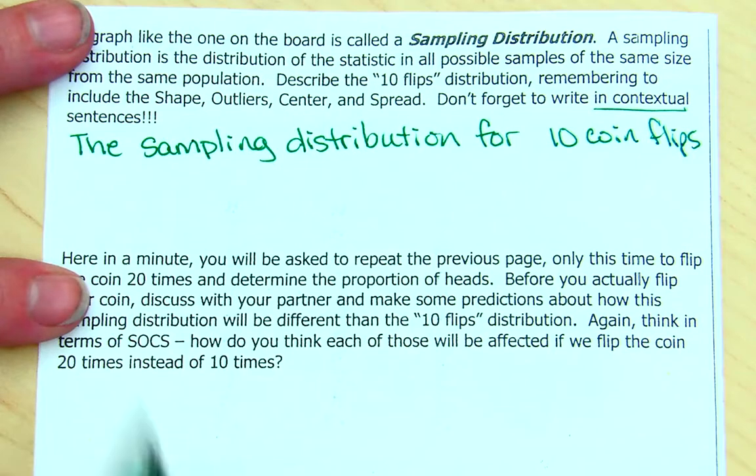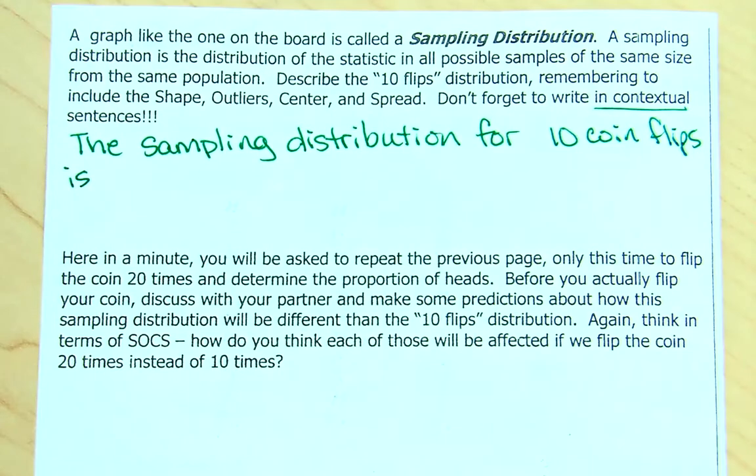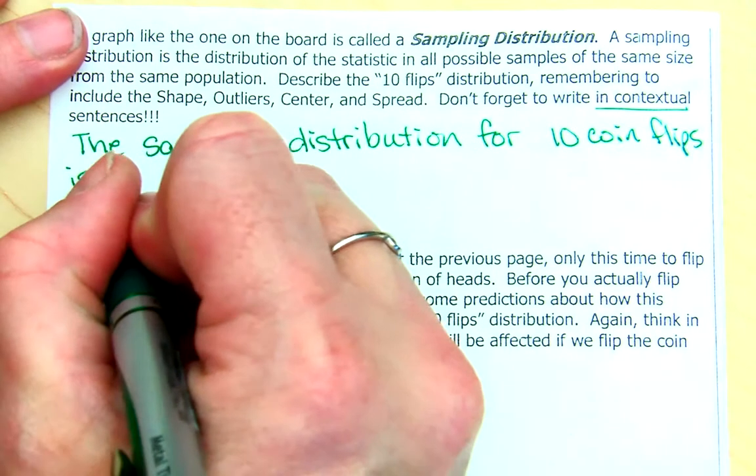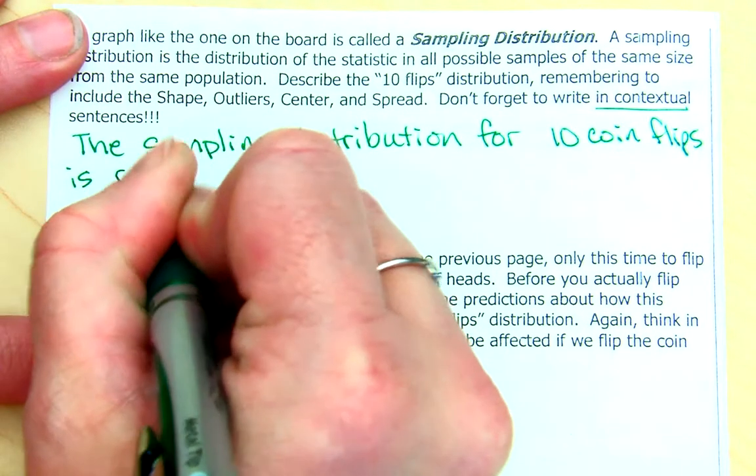There's our context. So we want to talk about shape, center, spread. And if there are any outliers, we talk about that, but we don't have them. So what did we say the shape was? Yeah, so unless it is exactly symmetric, we want to say it is roughly symmetric.